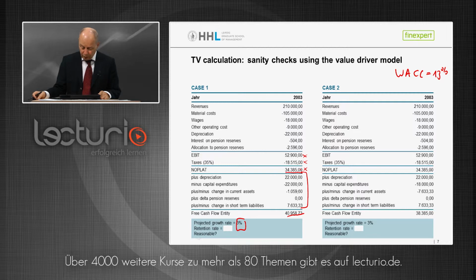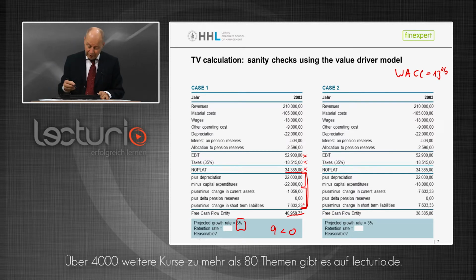And if we look closely at where this negative Q, a Q smaller than 0, is stemming from, then we see obviously that here our net investments are equal to 0. That is, we just have a capital expenditure that is equal to the depreciation. But the reason for our negative retention rate is this one here, that we have an increase in the current assets of 1 million roughly, but an increase in our short-term, non-interest-bearing liabilities of 7.6 million.